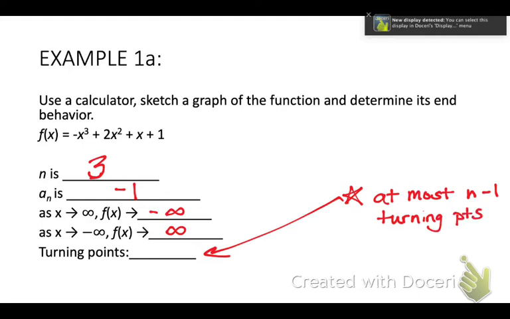So since my degree was 3, I can have at most 2 turning points, which in this case I do have, all 2 of them. I could have 1 turning point in a cubic function. But at most, n minus 1 turning points. So if I had a degree of 4, then I could have at most 3 turning points. If my highest degree was 5, I could have at most 4 turning points.